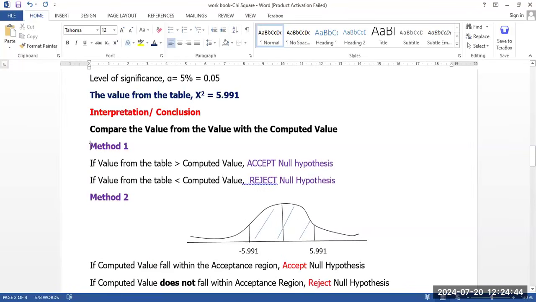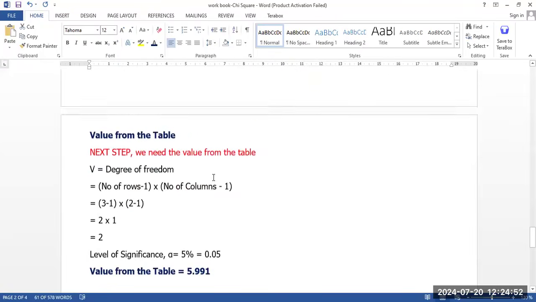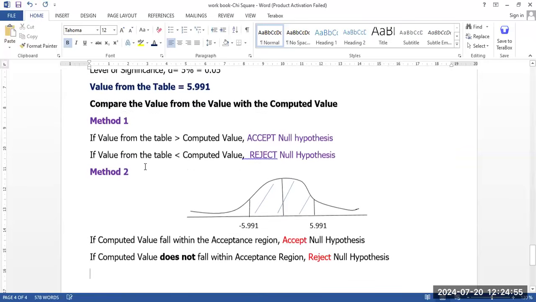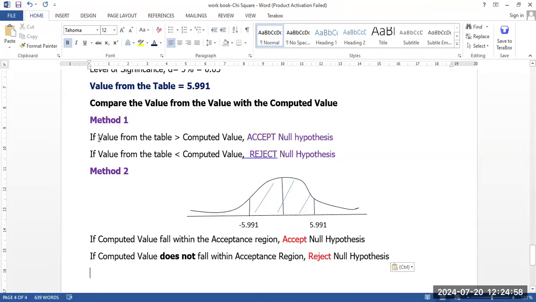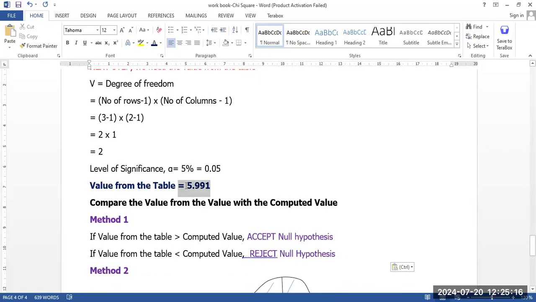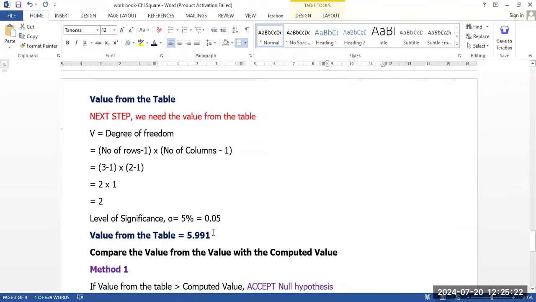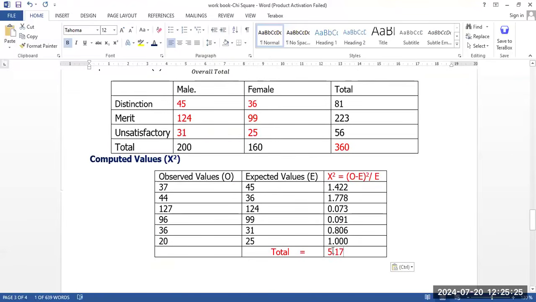These are the three methods that we use. First tell me, is the value from the table greater than the computed value? This is the value from the table. The computed value is this one. So it means that this value is greater than this one.